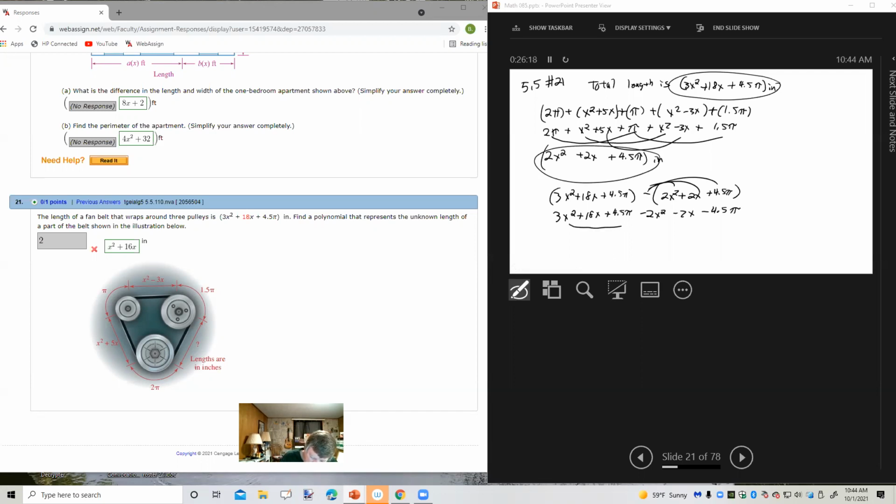Combining like terms, 3x squared minus 2x squared is 1x squared, or just x squared. 18x minus 2x is 16x, and 4.5 pi minus 4.5 pi is 0 pi. So my answer is x squared plus 16x inches. And there we go with that one. Any questions about that?